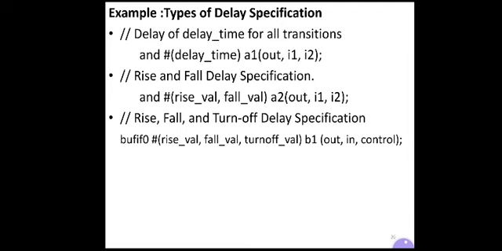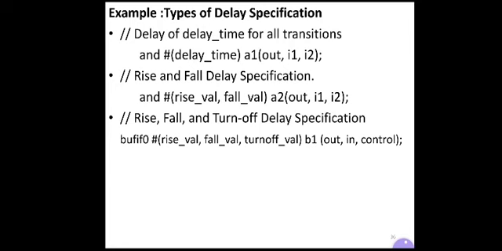Examples of types of delay specification. The first one is the delay of a delay time, where delay time is some identifier for all the transitions. Observe here, and is a predefined primitive followed by hash in brackets, delay time.